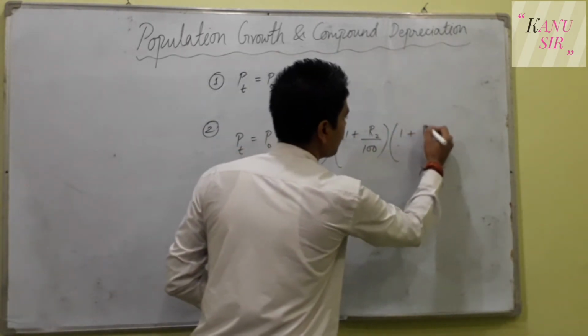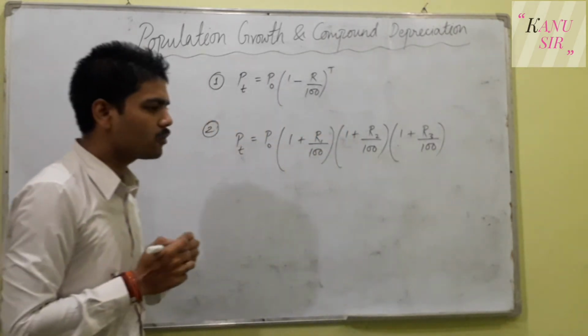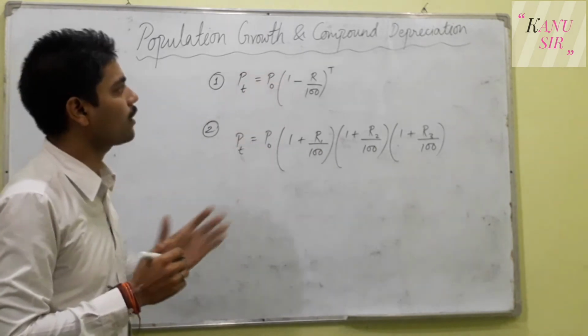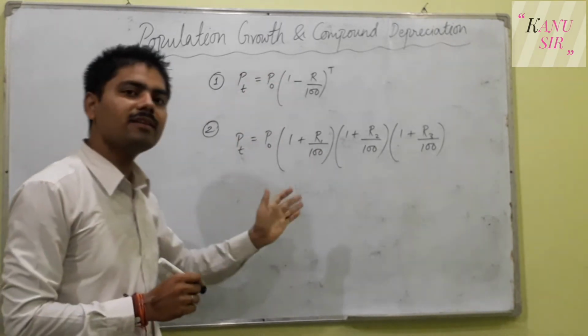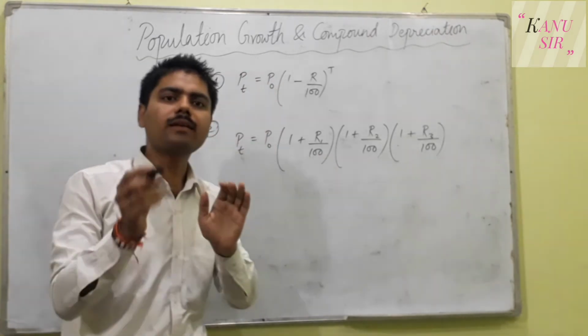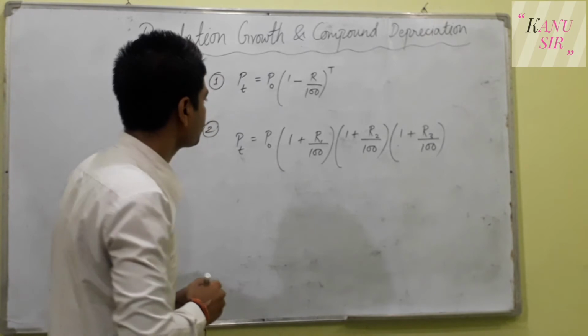We don't have to take care of annually and semi-annually conditions in population growth and compound depreciation, which is the easier point. So this topic is a bit easier than compound interest that we studied in the previous videos.